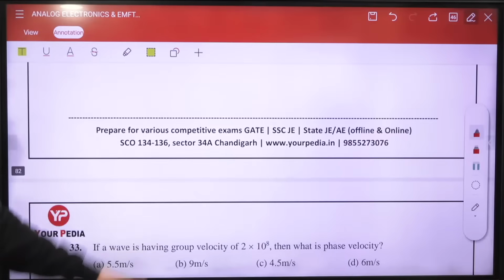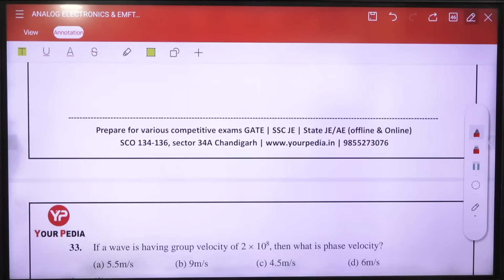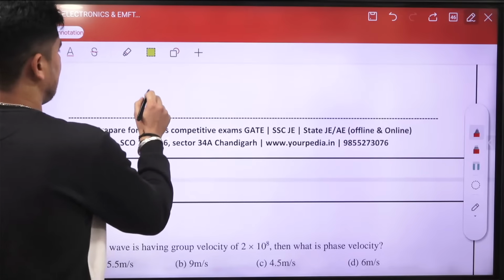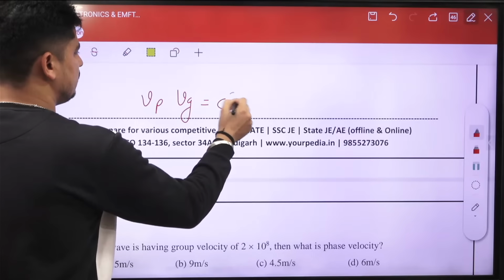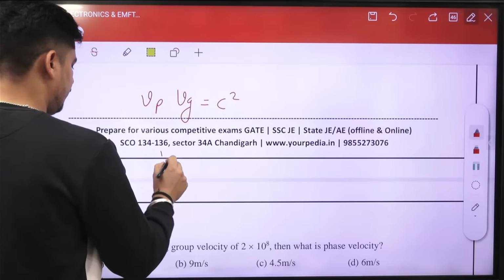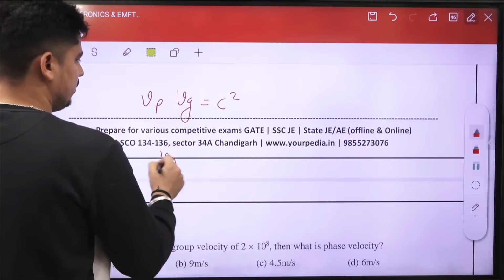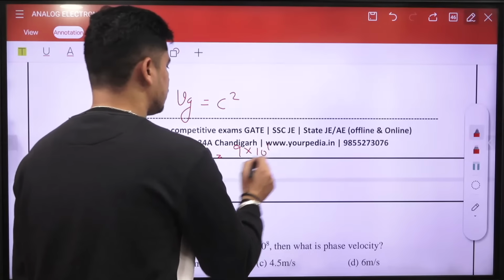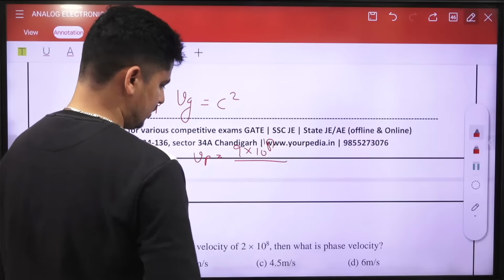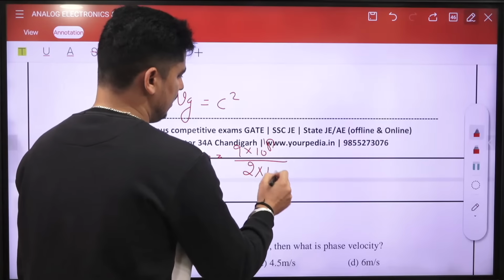Right, wave group velocity is given to you. It is asking about phase velocity. So the group velocity and phase velocity have a relation. Phase velocity into group velocity is always equal to c square. So the phase velocity is going to be 9 into 10 raised to power 18 is c square divided by how much? 2 into 10 raised to power 8.